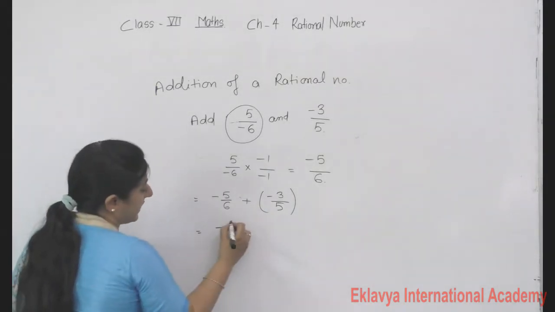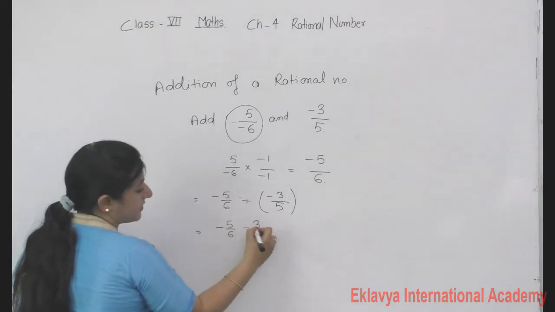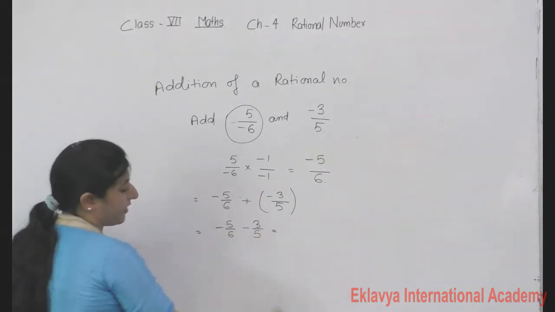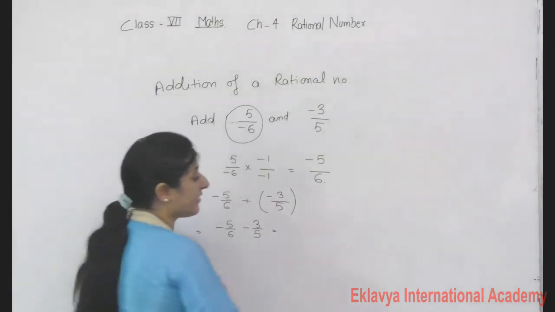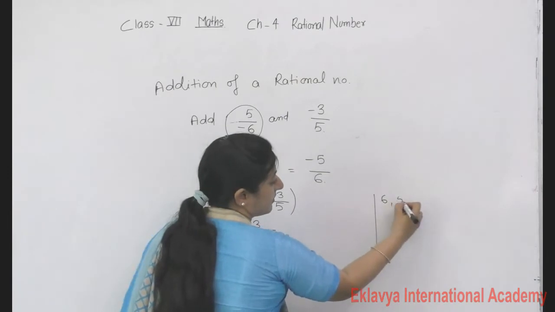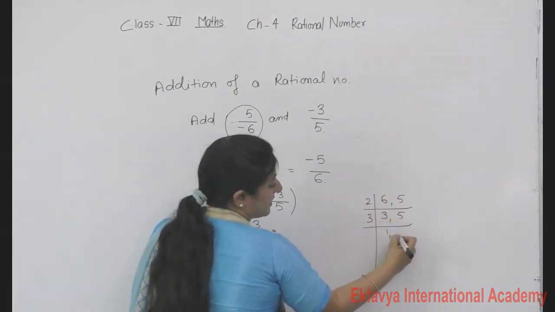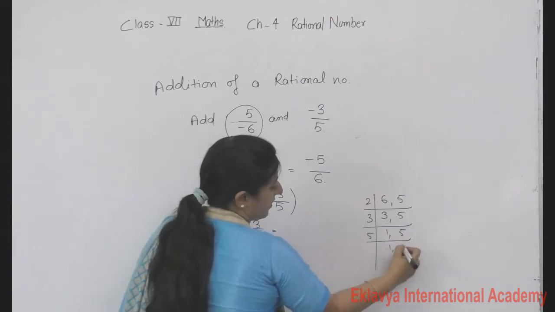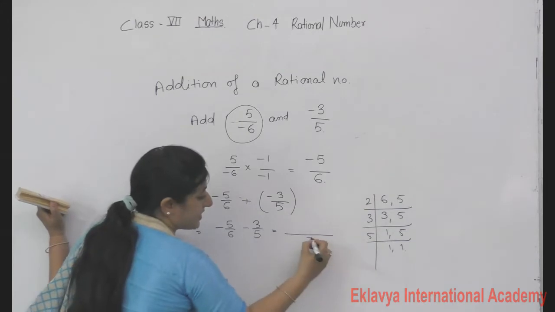Now see, minus 5 by 6 plus minus 3 by 5. What is the LCM of 6 and 5? 2, 2 threes are 6, 3 ones are 3, 5 threes are 15, 2s are 30. It means the LCM is 30.